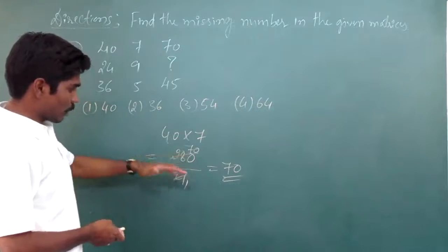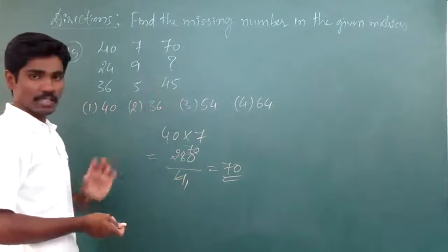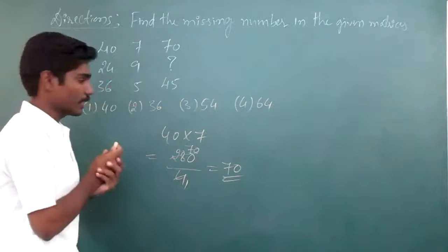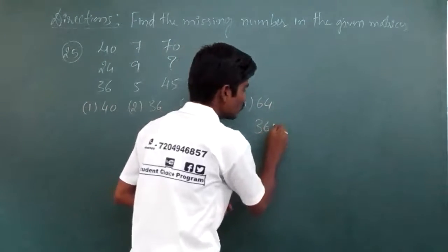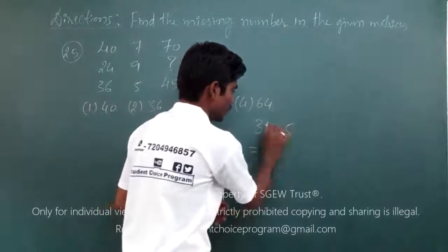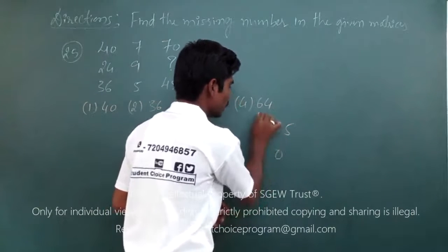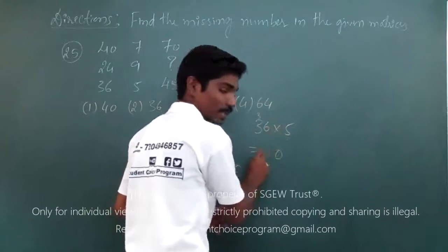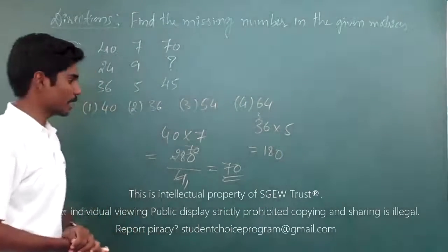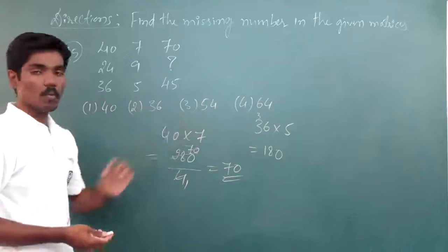Let me use the same logic to get this 45. First I have to multiply these two numbers. That is 36 into 5. What is 36 into 5? 5 sixes are 30, carry 3, 5 threes are 15, 15 plus 3 is 18. That means 36 into 5 is 180.